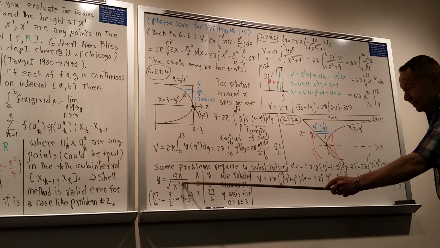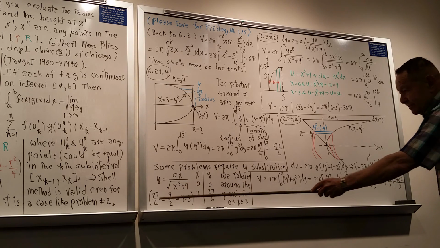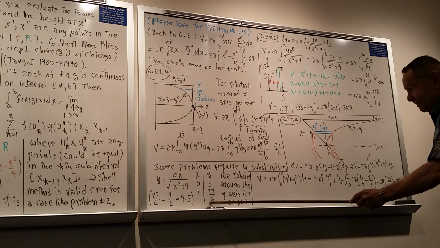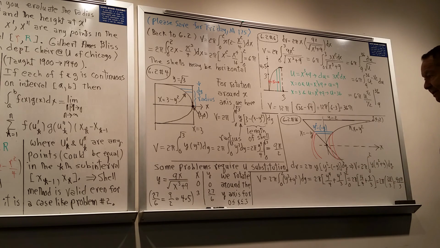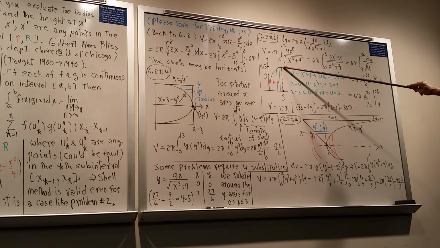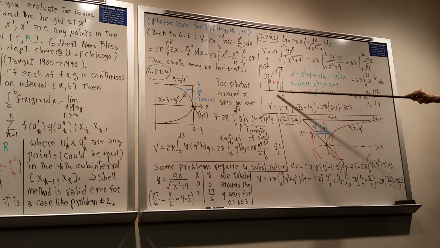And then the square root of 36 is 6. So your y value is 27 over 6, which is 9 over 2, which is about 4.5. So this curve looks something like this. It goes from 0 up to 4.5 as you go 0 to 3 this way.